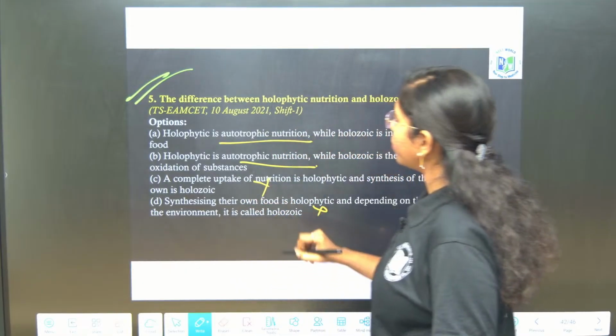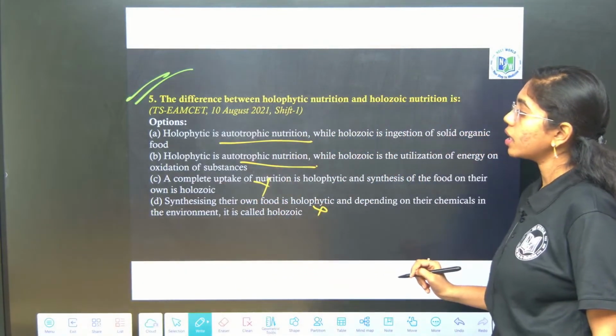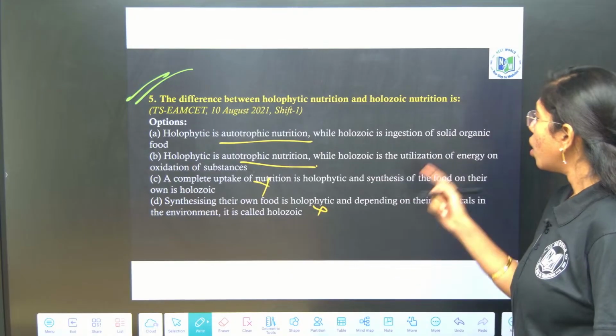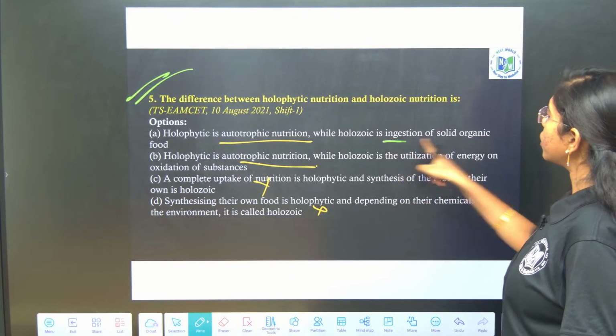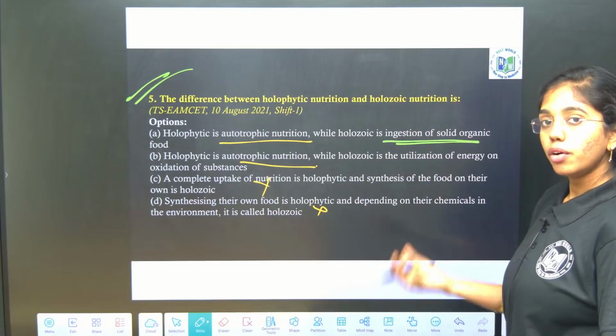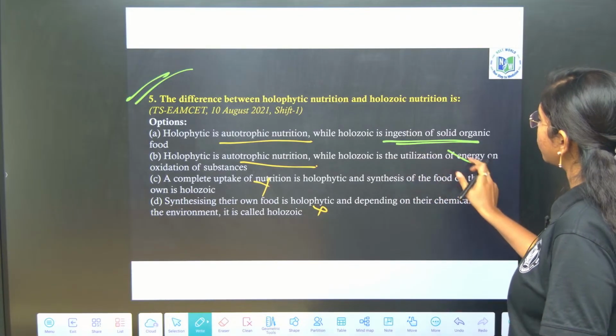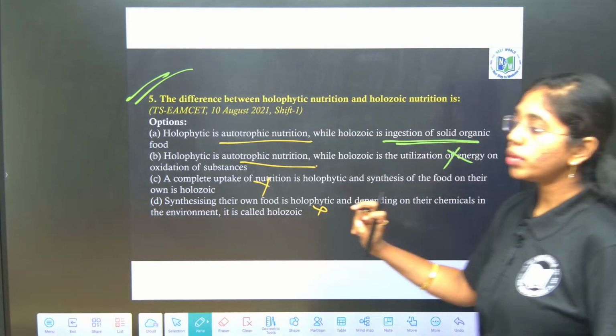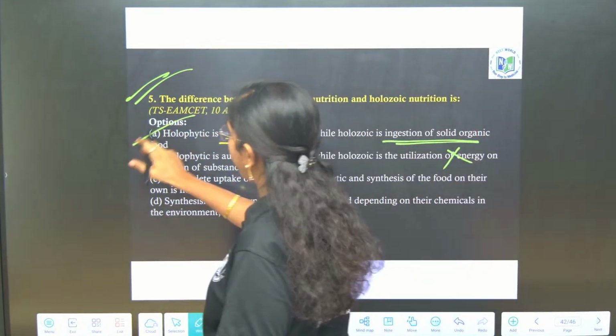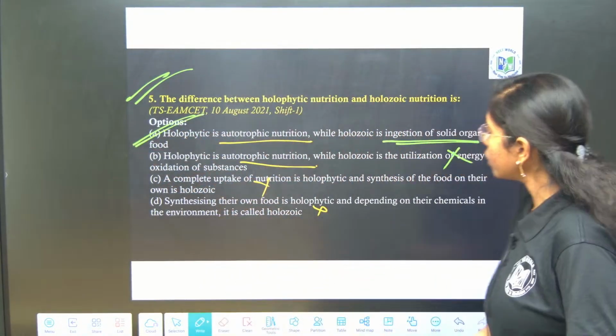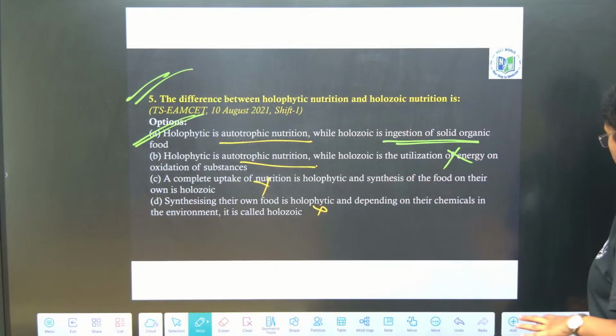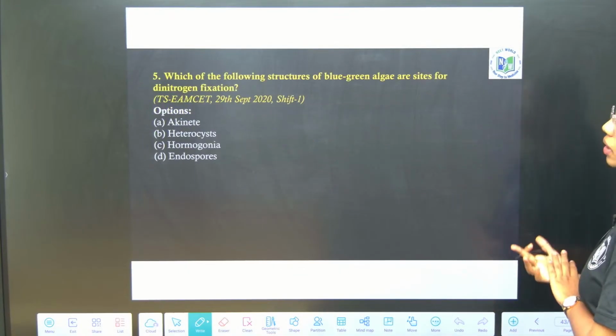This also can be eliminated. Holophytic is autotrophic mode of nutrition. Holozoic is ingestion of solid organic food material. It is not utilization of energy. So, the right answer is option A. Holophytic is autotrophic nutrition. Holozoic is ingestion of solid organic material.